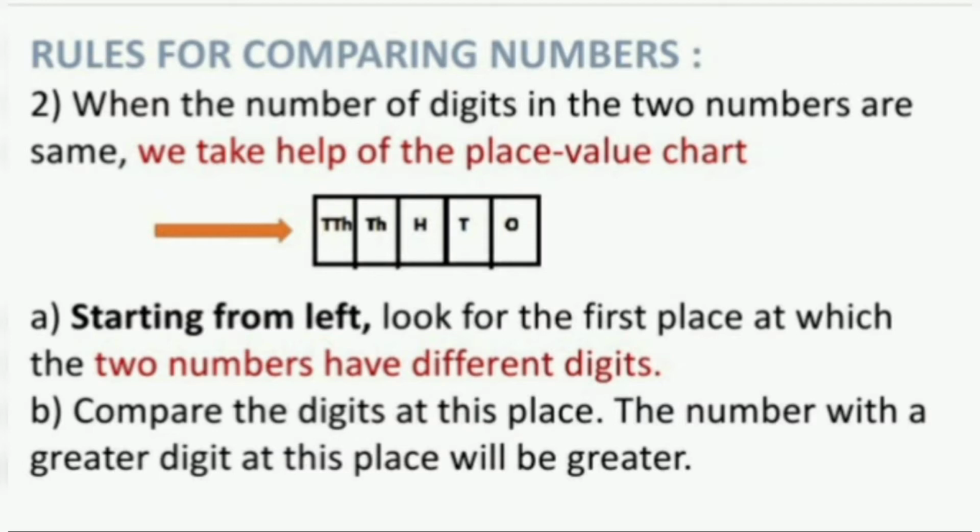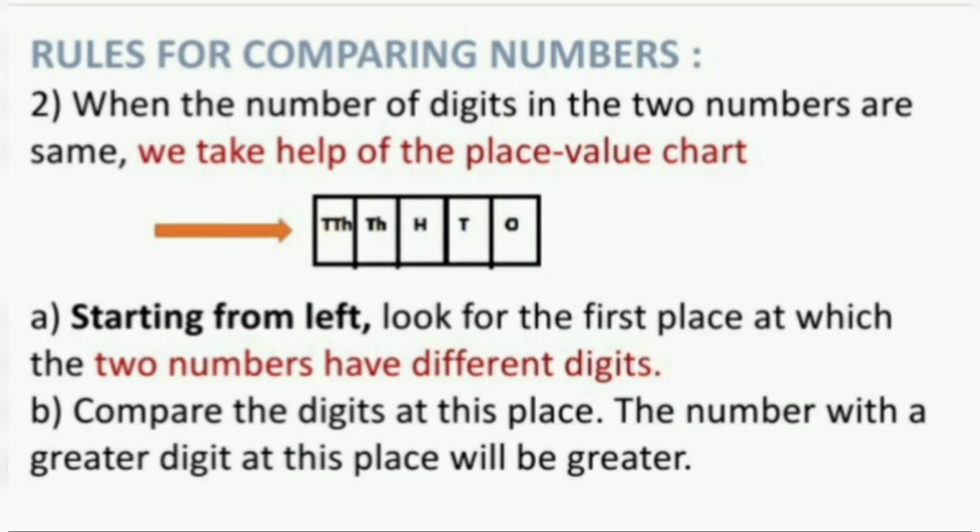Now let us see the second rule for comparing numbers. When the number of digits in the two numbers is the same, we have to take the help of the place value chart. Okay, so here you can see the places for ones, tens, hundreds, thousands, and 10,000s moving from right to left. But when you compare the numbers, you have to start looking from left to right, that is, the digit at the higher place.